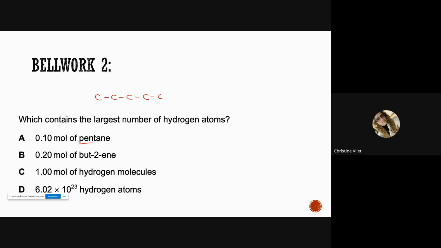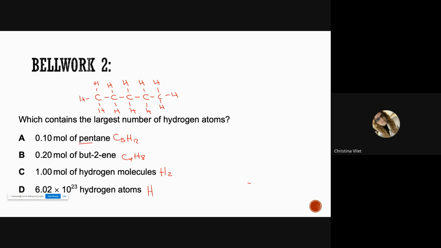So pentane would have how many hydrogens? 4, 5, 6, 7, 8, 9, 10, 11, 12. Pentane is C5H12. Butene is C4H8. Hydrogen molecules is H2, and hydrogen atoms is just H.